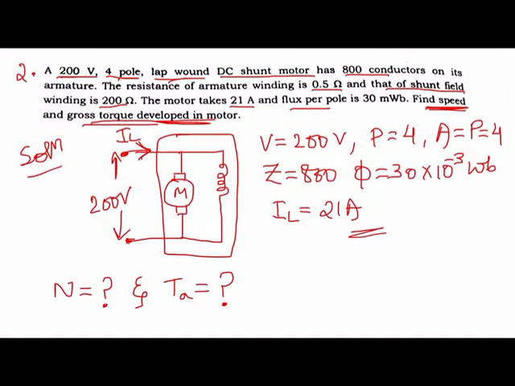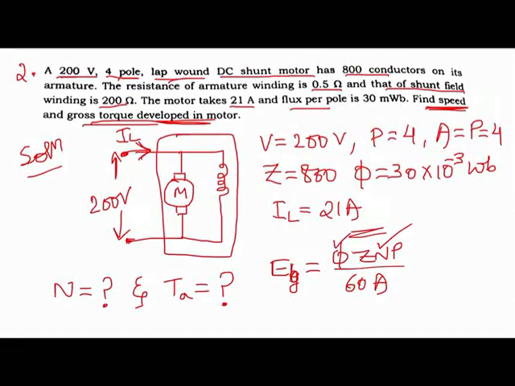To find the speed, we use the equation, sorry, it is a motor, so in case of a motor it is back EMF: EB equal to ΦZNP by 60A.